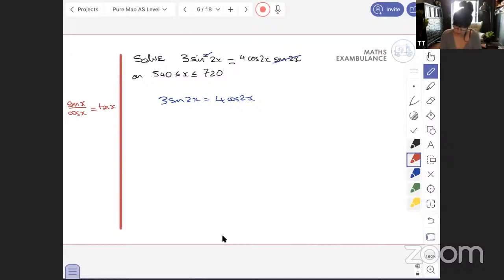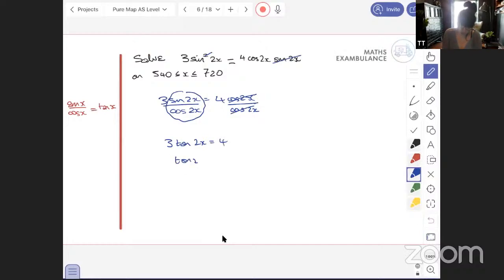So I can divide by cos 2x, and this is usually where this comes from. Usually you won't see sine x over cos x, you'll create it yourself. The cos x cancels with the cos 2x, and then the sine 2x over cos 2x here can be replaced with tan 2x. And now we can divide both sides by 3.